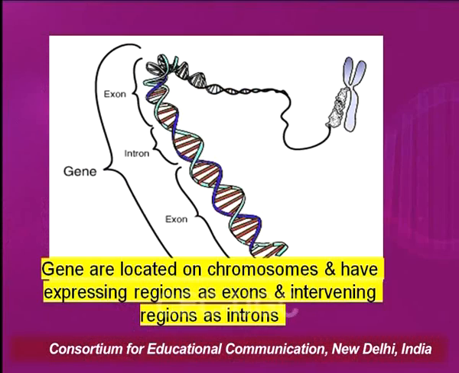So, the genes may be protein coding or non-coding, and they are typically located on chromosomes. Genes may not be a continuous expressing sequence; rather they have intervening regions, which we call introns. So, genes are made up of both exons and introns, and how information flows from a gene to its product, a protein maybe.